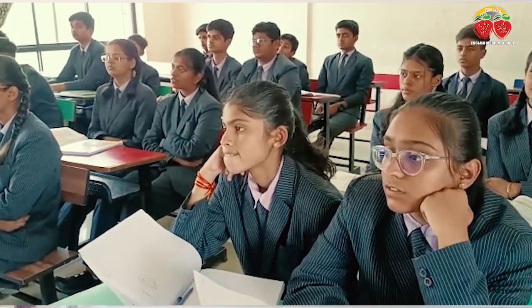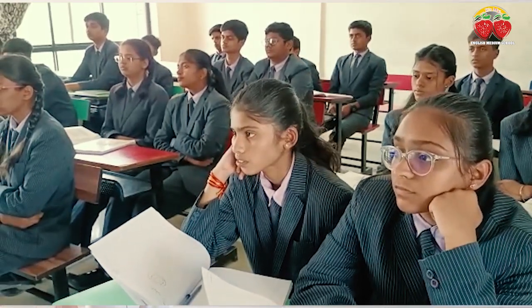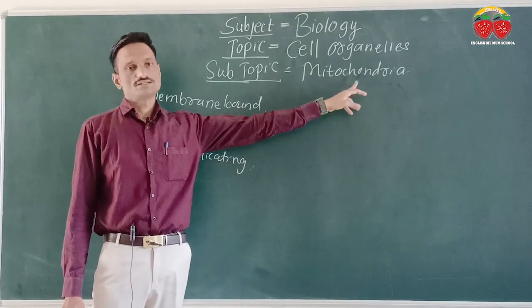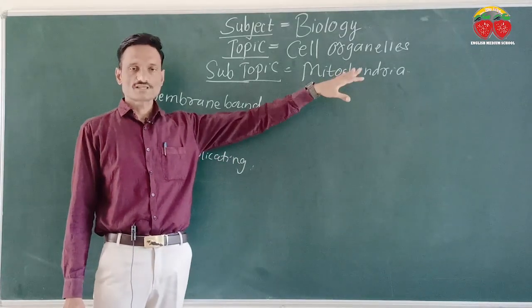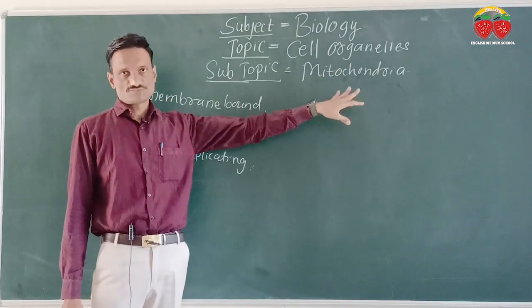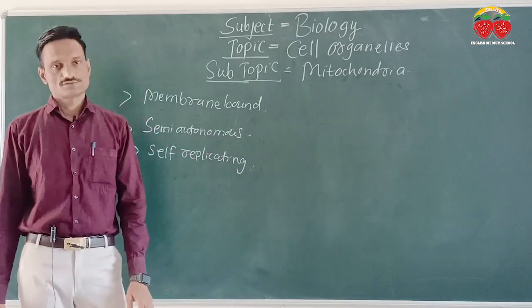So this mitochondria is one of the most important cell organelles, and it is the largest cell organelle in animal cells and plays a critical role in releasing energy. That's why it is popularly known as the powerhouse of the cell.